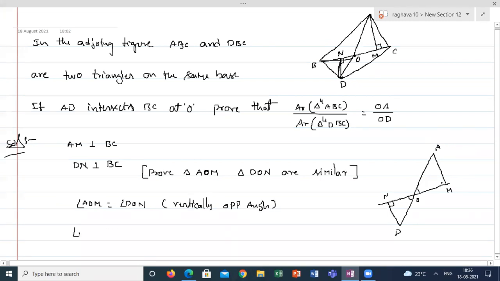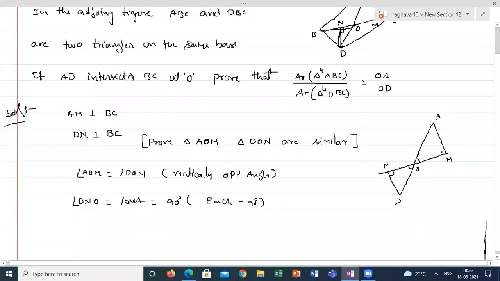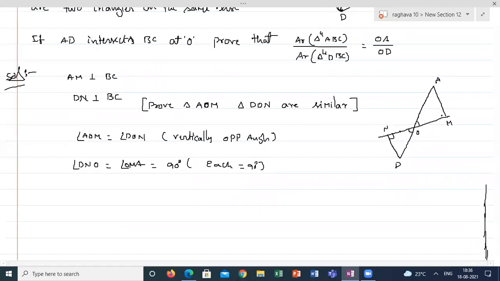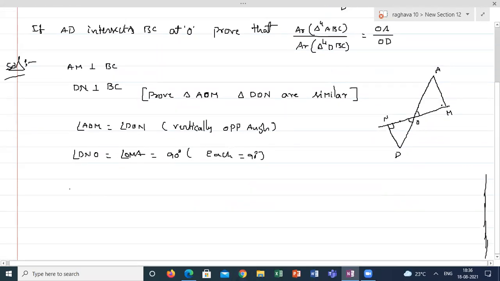And angle DNO is equal to angle OMA, which is equal to 90 degrees. Each is equal to 90 degrees because of the construction. So two angles of these two triangles are the same. What can I say?